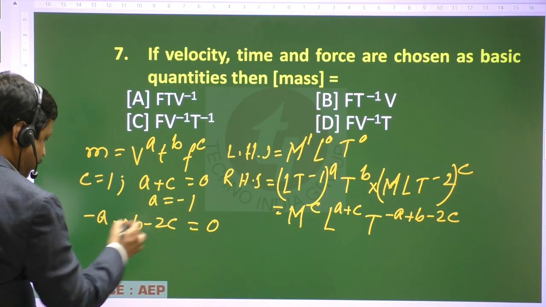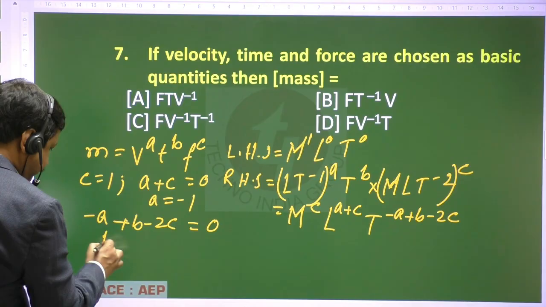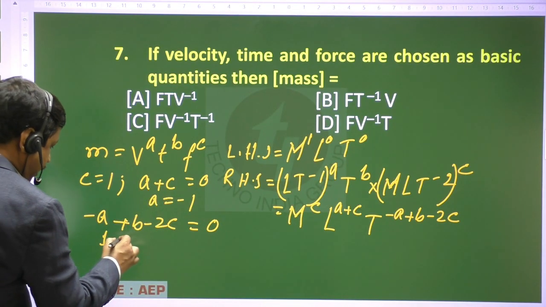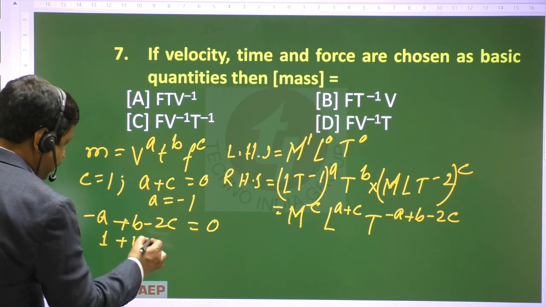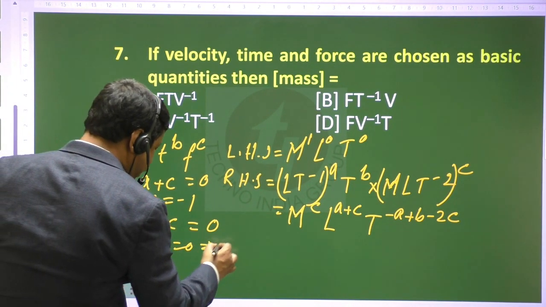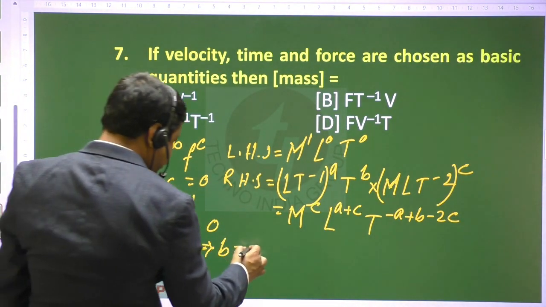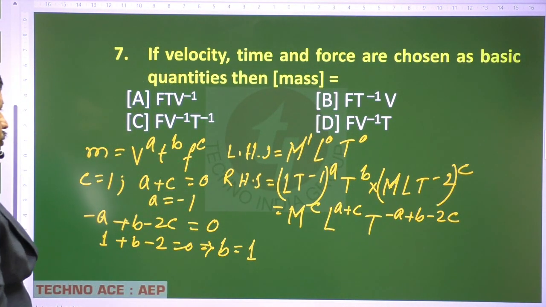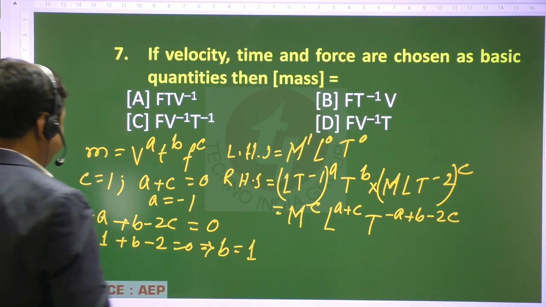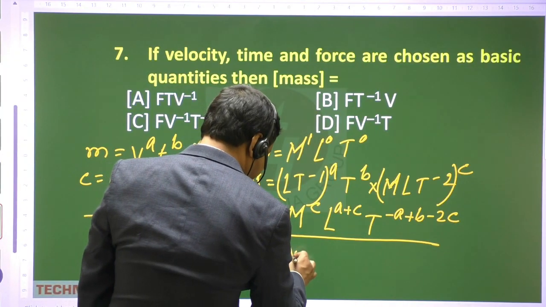So a equals minus 1, putting this value gives 1, plus b minus 2c, that is minus 2, equals 0. That means b will be plus 1.